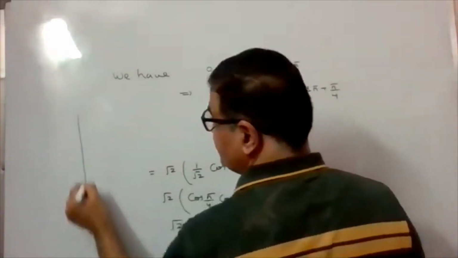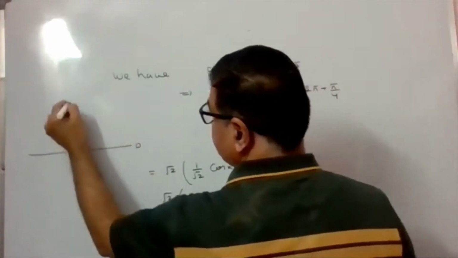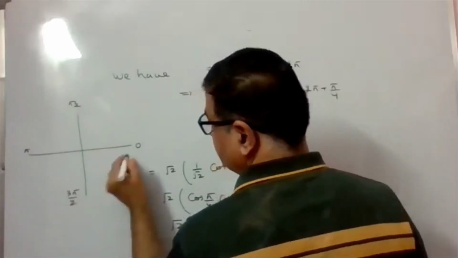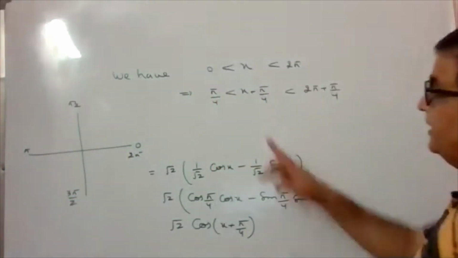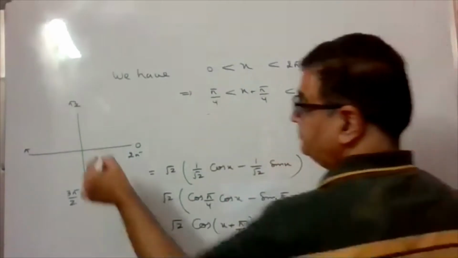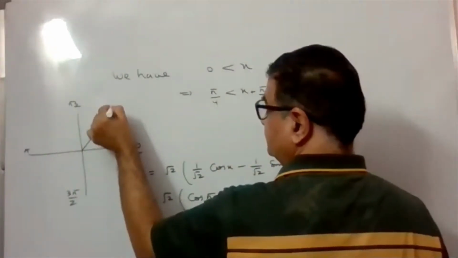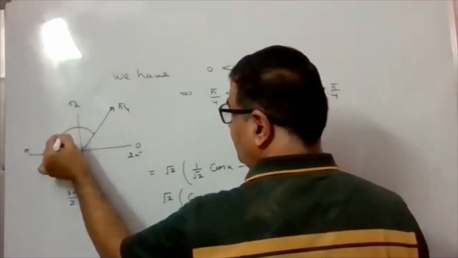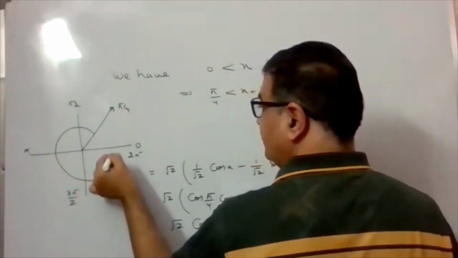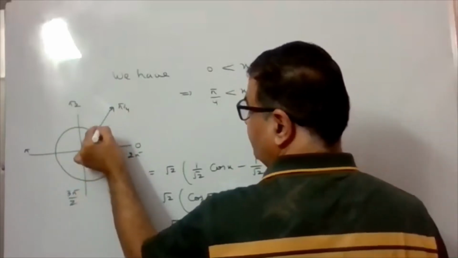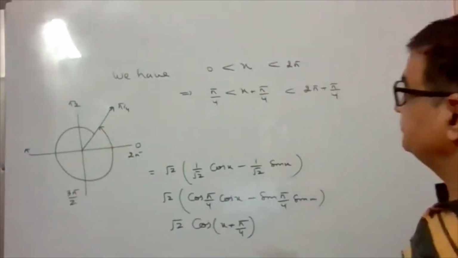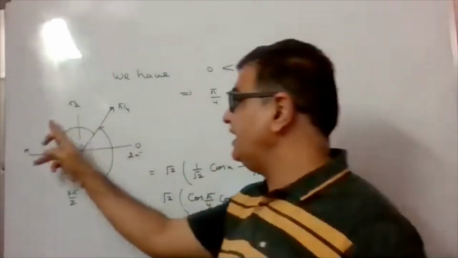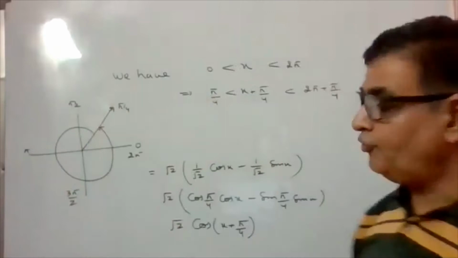That means, just check here. The angle starts from pi by 4, goes this way. Here it will be 2 pi, and then 2 pi plus pi by 4. So x plus pi by 4 is starting from pi by 4, and then it goes to 2 pi plus pi by 4.